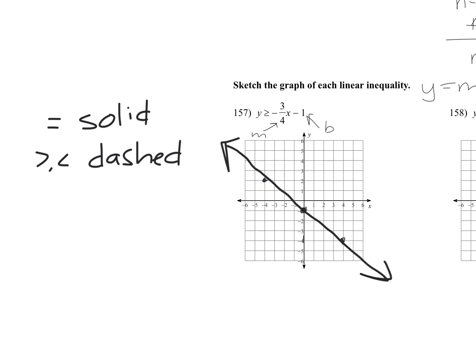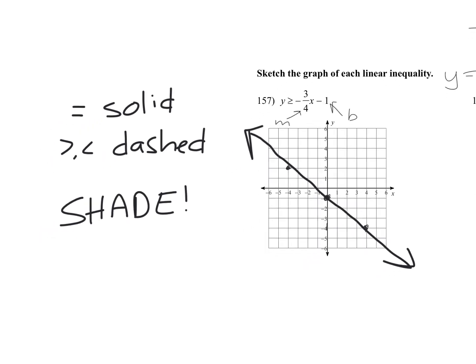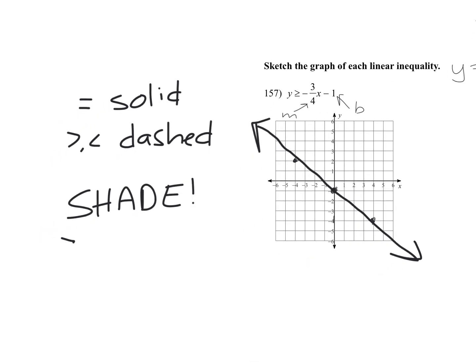What's my last step with these? Shading. What's the trick I showed you with shading? If it's greater than or equal to, where do we shade? Up or down? Up, and then left or right? Right.